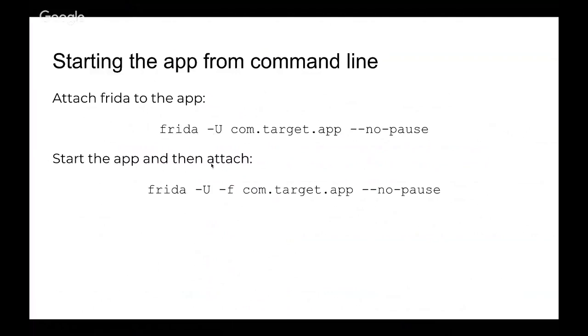When I say attach, you're taking control of the functions which are in memory after the app was manually started by you. If the app should be started by Frida itself, and then attach and take over control of all the classes and functions, then you specify -f, which will spawn or open the app for you. And we'll also see why we use --no-pause.